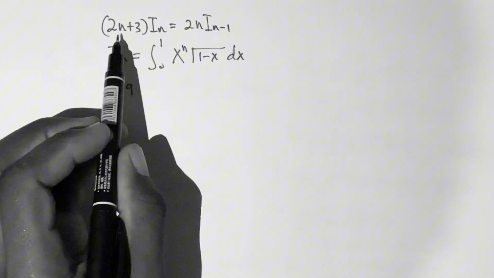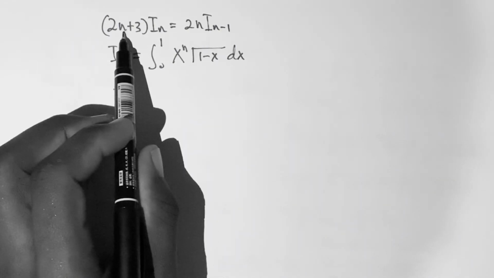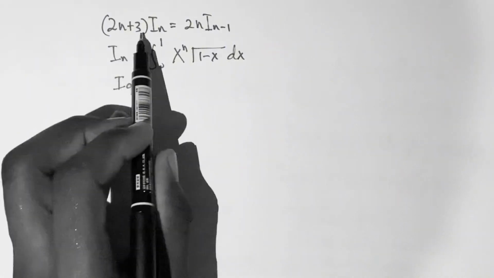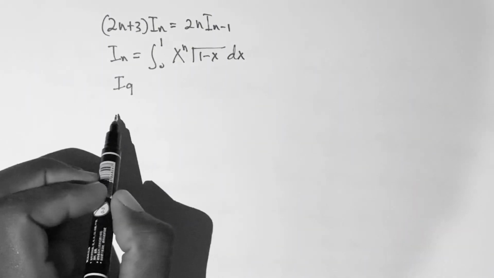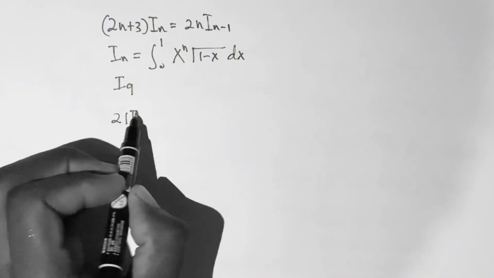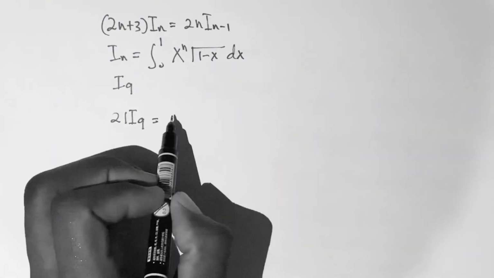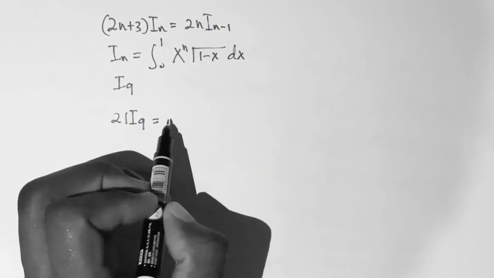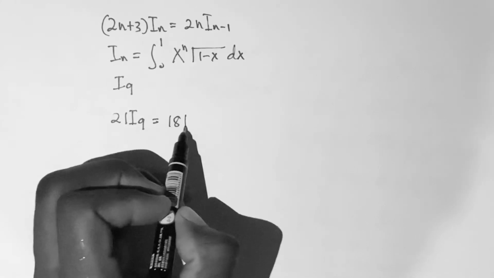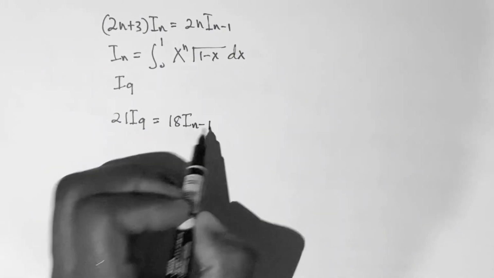So if you put 9 here, you see that 2 times 9 is 18, 18 plus 3 is 21. So 21 I of 9 is equal to 2 times 9, which is 18, I of n minus 1.